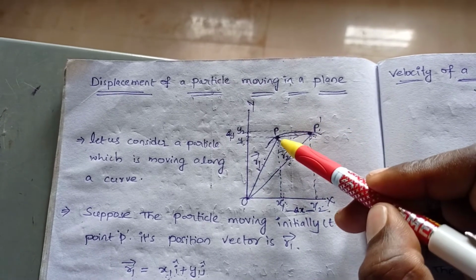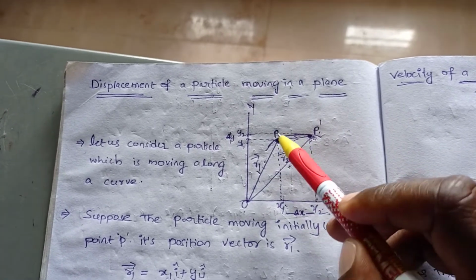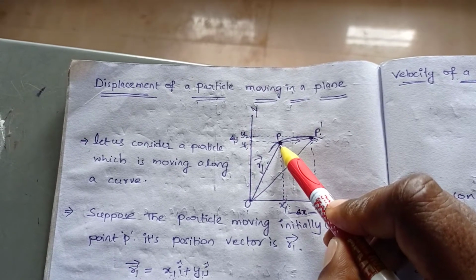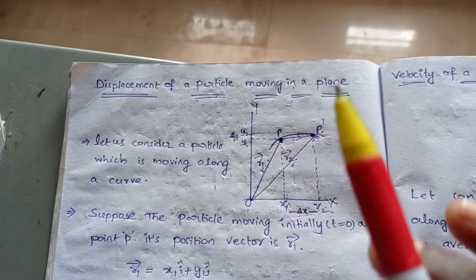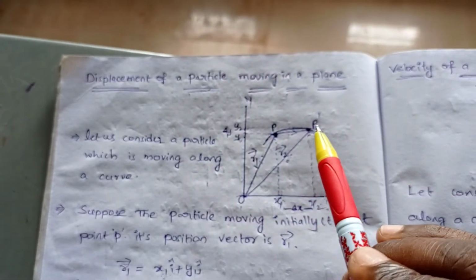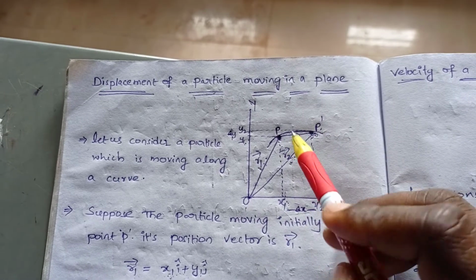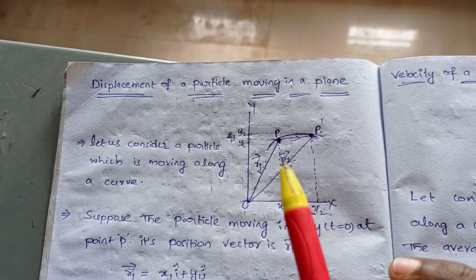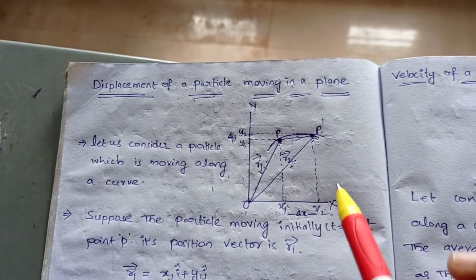Okay, this is the point P initially. This position we can represent by using two coordinates. How many coordinates are required to describe the position of the particle at point P? Two coordinates. What are those two coordinates? X and y coordinates. Why? Because this particle lies in a plane.